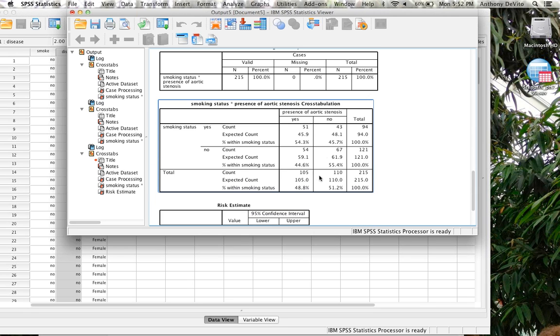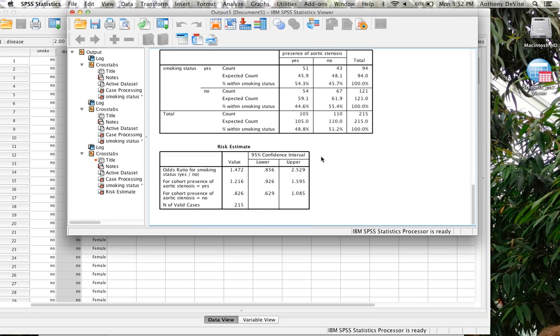If I scroll down here, my box is back again. It did that calculation again, and here are my risk estimates. First I want to show you this 1.216. This table can get a little bit confusing. You'll notice that 54% over 44% is roughly 1.2, 1.25. You'll notice that I get 1.216 down here.